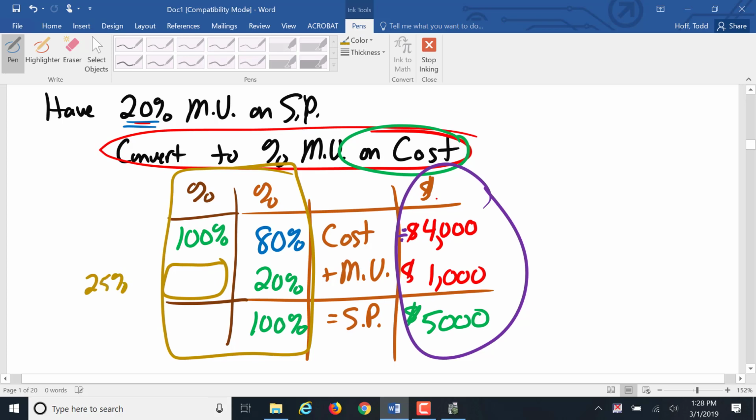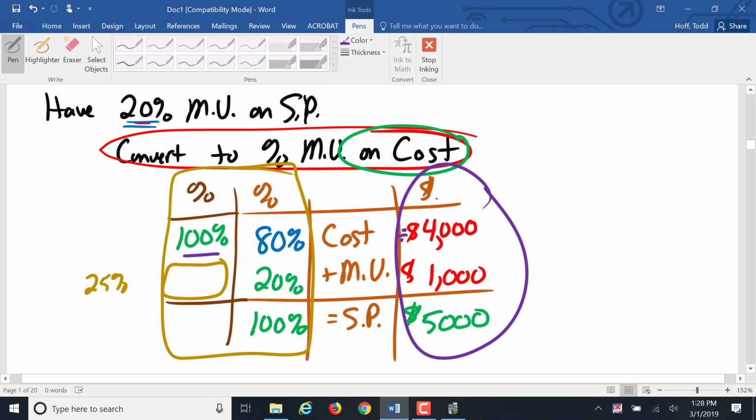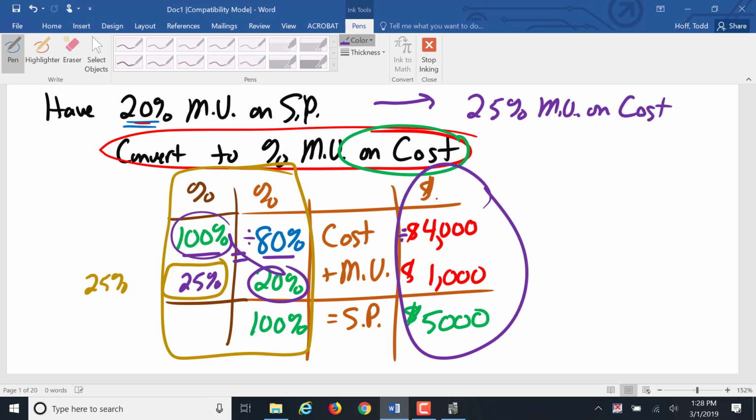We could have just cross-multiplied, treated that as a proportion right there. 100 times 20 divided by 80 is going to give us 25, to get that 25%. So yes, that 20% markup on selling price is equivalent to a 25% markup on cost.